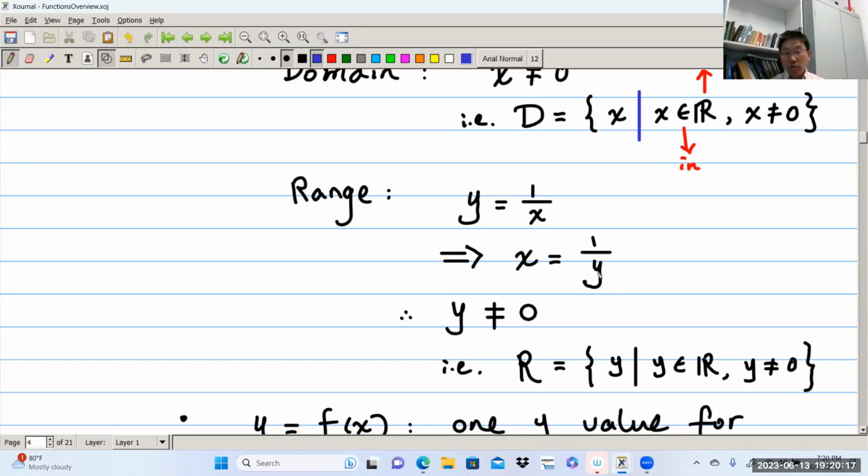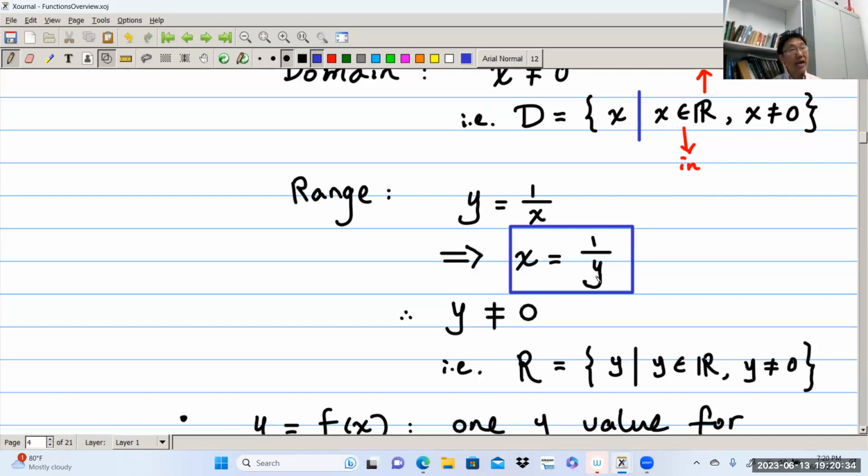So when you look at this expression, x equals 1 over y, this y can be any real number except 0.